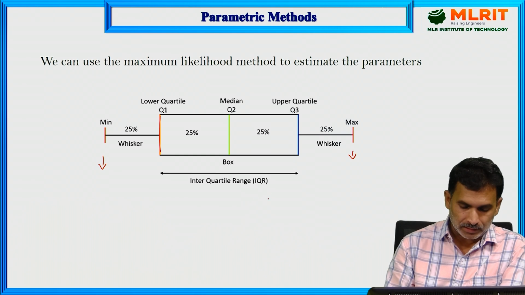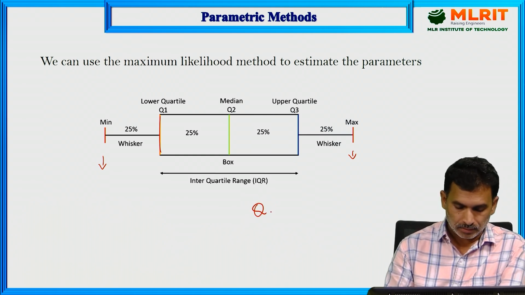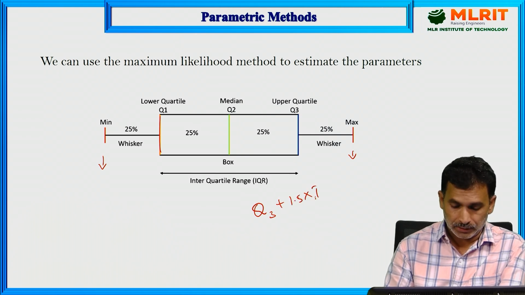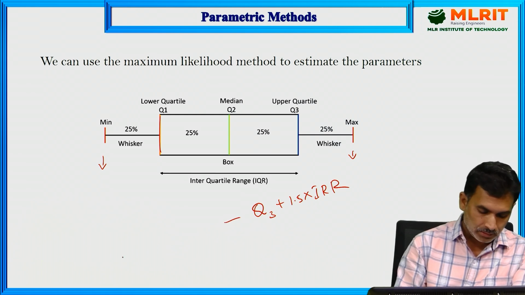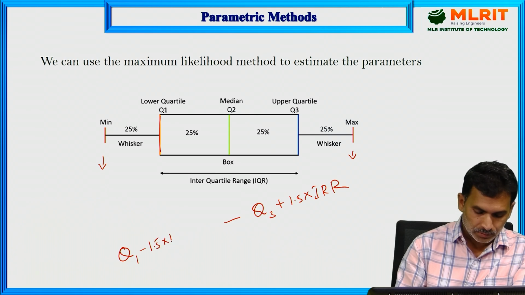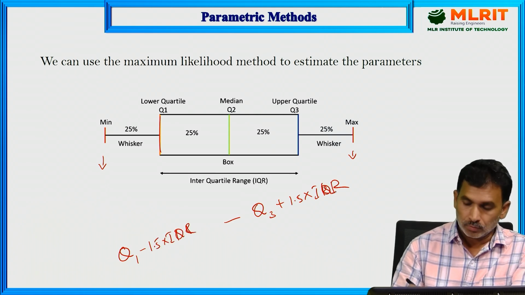Based on the interquartile range, that is Q3 plus 1.5 times IQR, this is one limit, and Q1 minus 1.5 times IQR. This is the IQR.